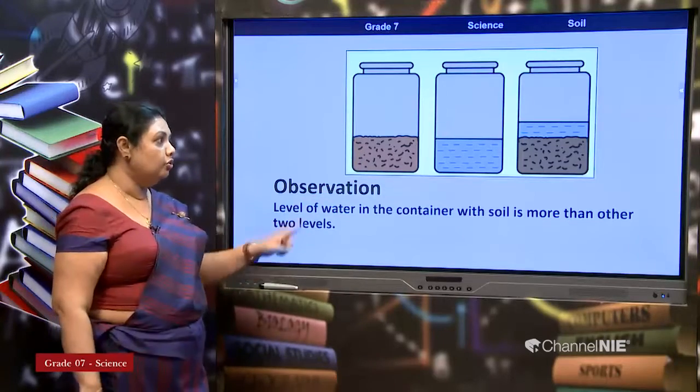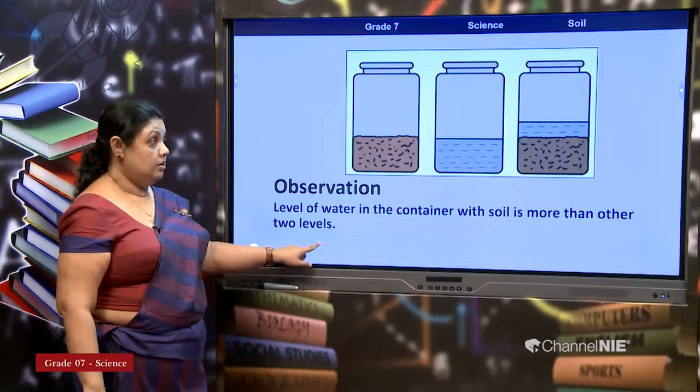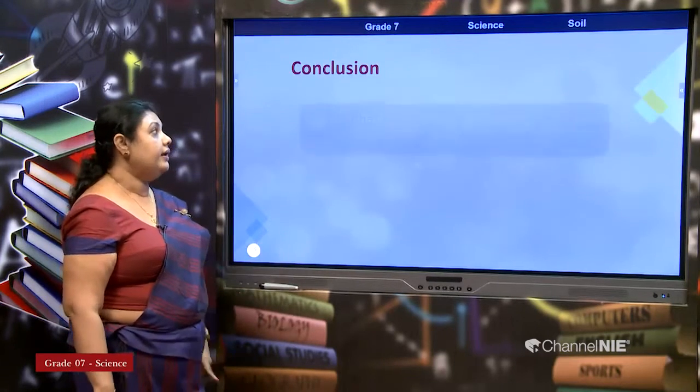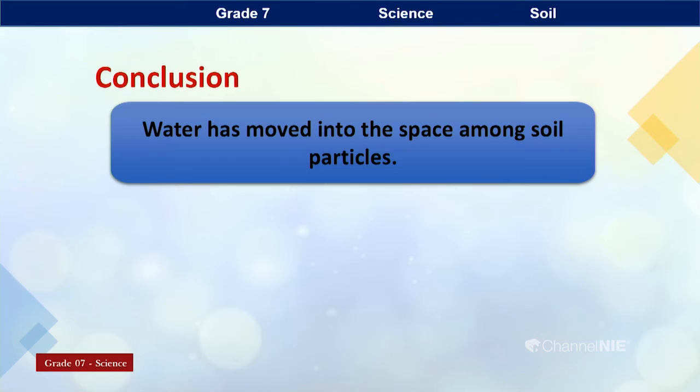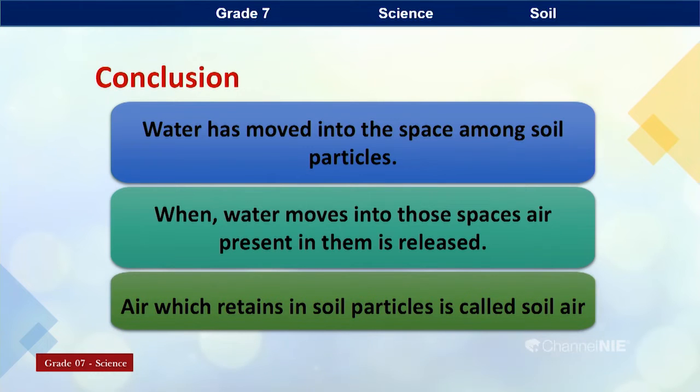Both together do not add up to make the final volume. What does that say? That means water has moved into the spaces among soil particles, so that air spaces are there. So, water moves into these air spaces. Here the air bubbles release out and water can be retained in soil.